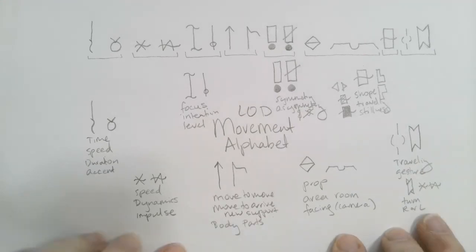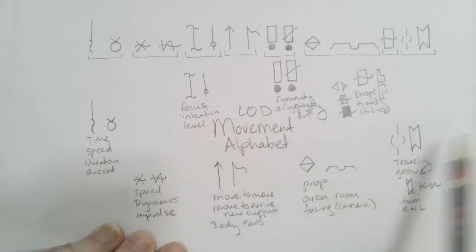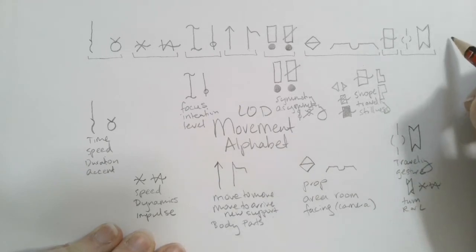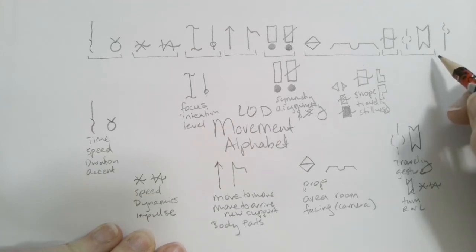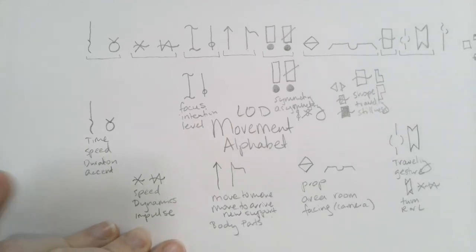So this is an idea of a progression to move through the movement alphabet, and then it circles back nicely on itself. What I don't have listed specifically in this movement alphabet, just for your awareness, is the idea of arriving at a destination, which is wonderful, but it might be a little difficult for students who are dancing at home. The way that I like to introduce the concept is to introduce my areas of the room.